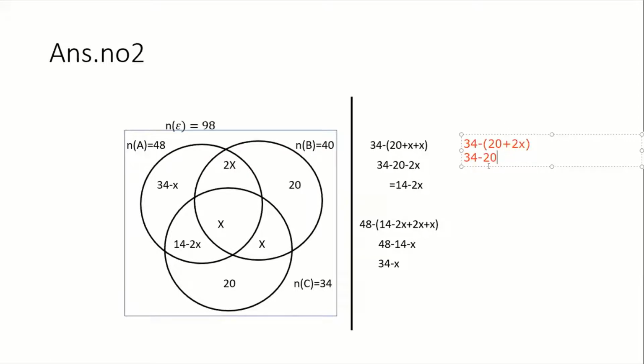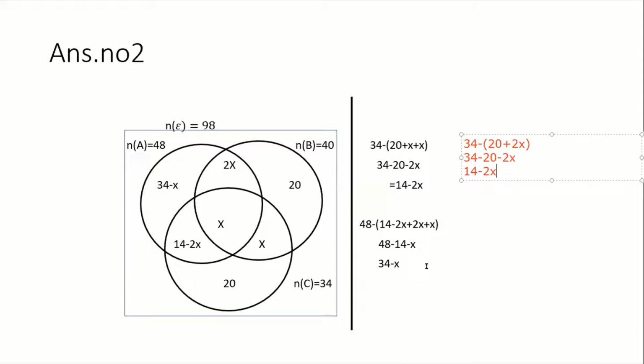So that will be minus 2x. That is 14 minus 2x. Okay, yes, this is what we are ending up. So we have here A intersection C only as 14 minus 2x.